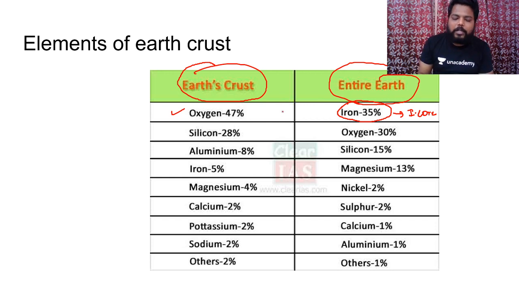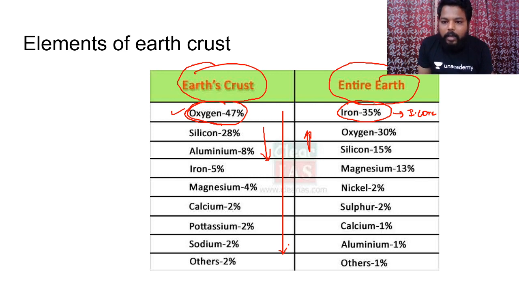Please try to remember the sequential order. There may be questions from these, so try to remember them from ascending to descending and descending to ascending. But at least remember that in the earth's crust oxygen is maximum, and in the entire earth iron is maximum. Please remember this 100%. This will help you.